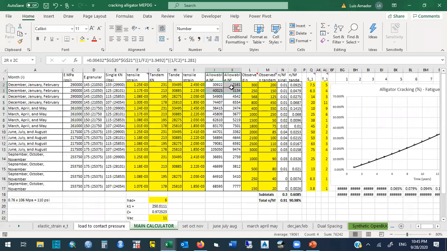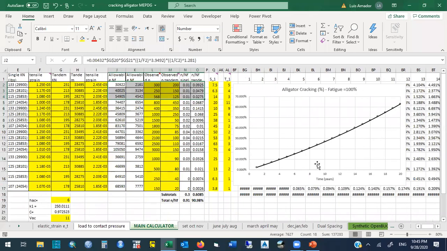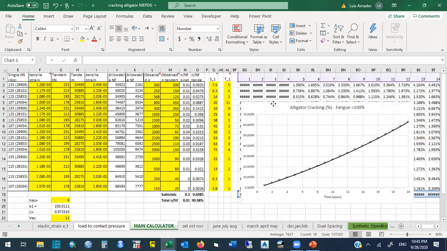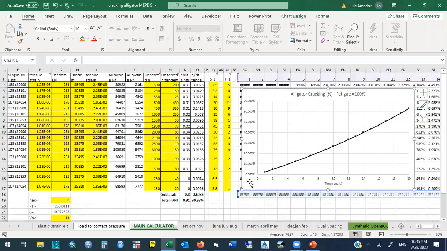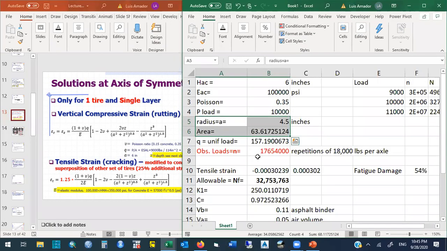And then you end up with your allowable and observed, and then you end up with a consumption of life, and then you have to add them all. And once you have added them all, then you start estimating your damage, and from damage you estimate the cracking, and the cracking accumulates as time goes by in percentages. Okay, but it's complicated. So I'm just doing one to illustrate the approach here, and so you understand what is behind when we say what is cracking.